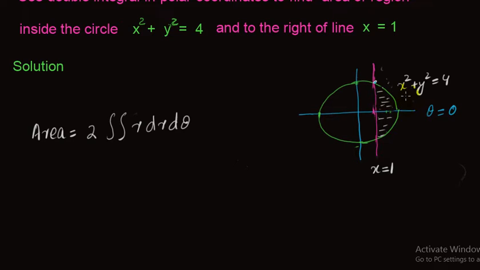In polar coordinates, x square plus y square equal to 4 can be written as r equal to 2, and the line can be written as r cos theta equal to 1. Now we solve these two equations to find the point of intersection.